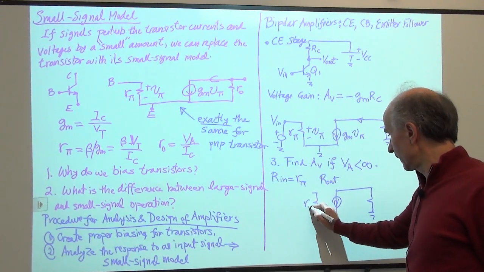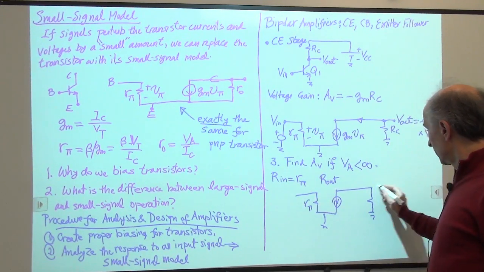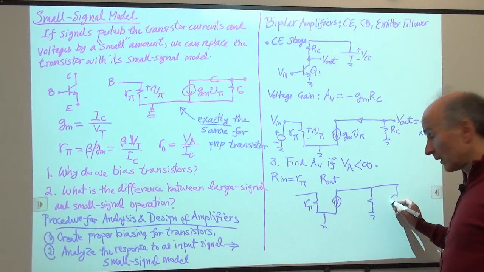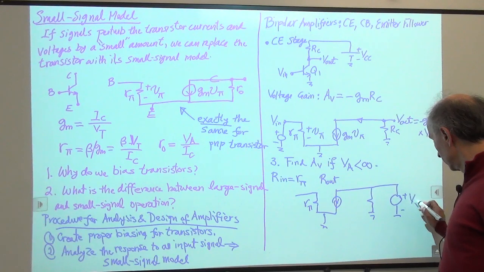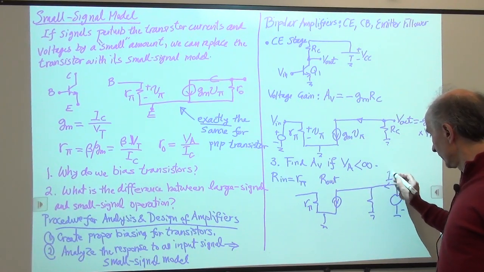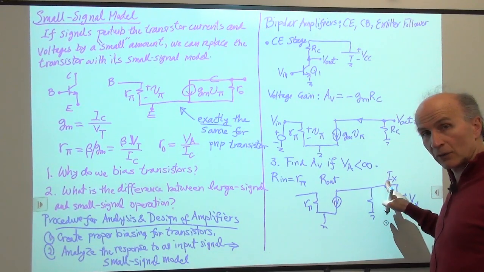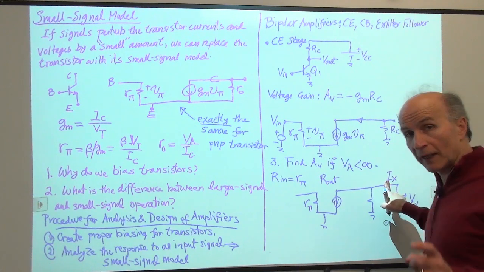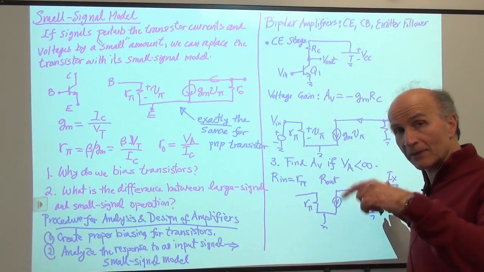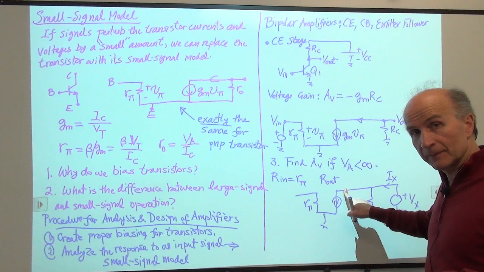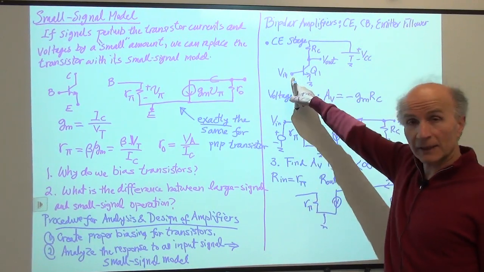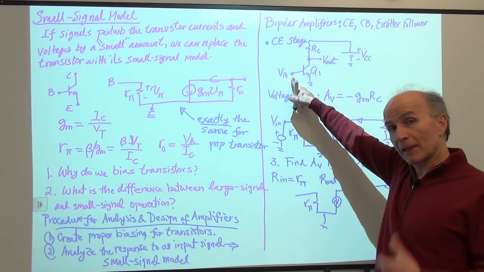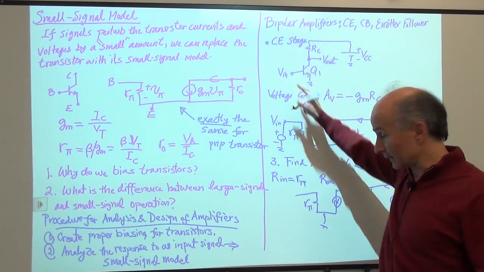Here's R pi. And I come in with a voltage source here. We call this Vx. This is Ix. Vx over Ix represents the output resistance, provided that all independent sources in the circuit are set to 0. So, including this guy V in, the input voltage to the circuit has to be set to 0. That means that the voltage source is replaced by a short circuit.